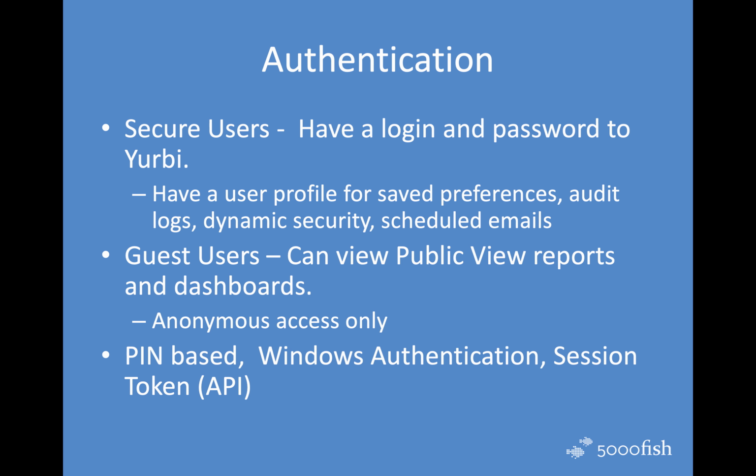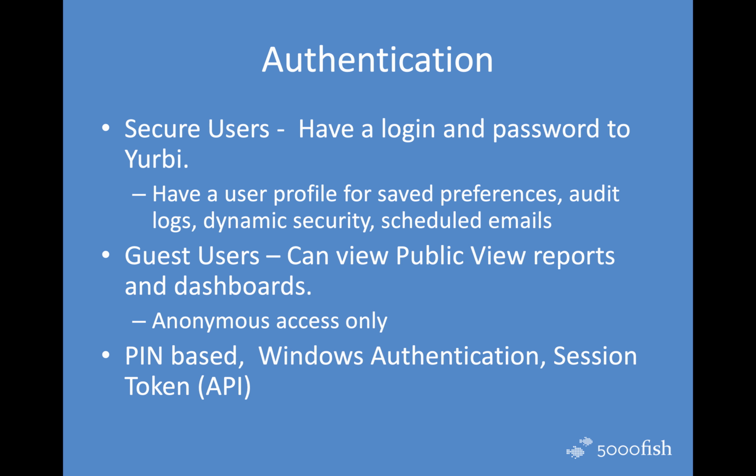Now, the last thing I want to say about authentication is how do they authenticate? Well, there's a couple different ways. You can set them up to have a PIN based, where you define a passcode for them to log in with. You can, if you're using Active Directory, set up Windows authentication so they can use their network login and password and they can log in, and you can even set that up to be pass through authentication.